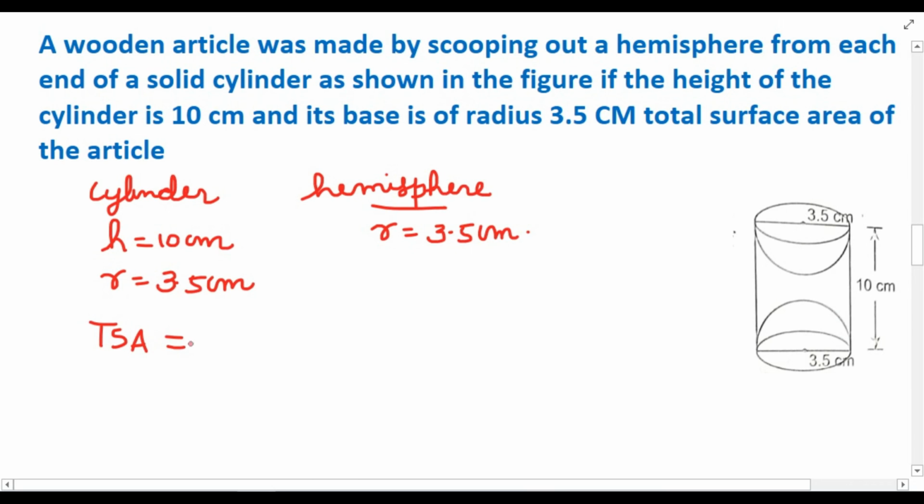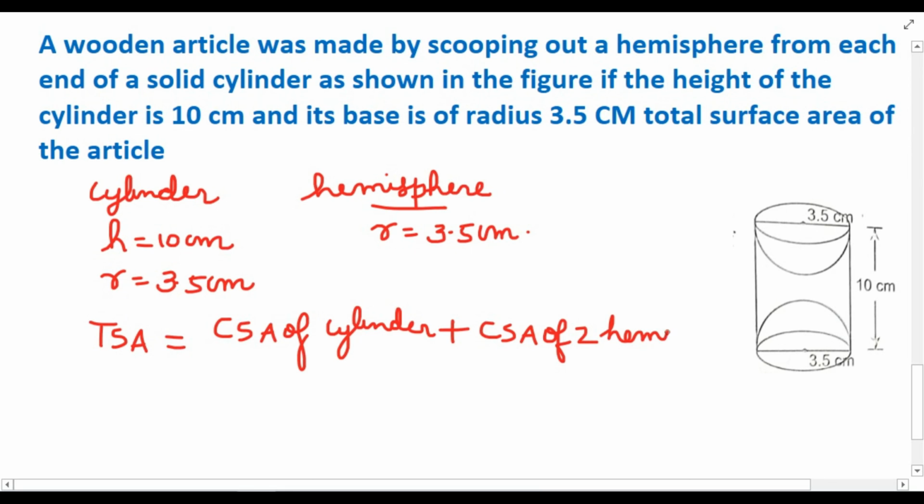So the TSA of this article is CSA of cylinder plus CSA of two hemispheres. The CSA of cylinder, we know the cylinder formula is 2 pi RH, and the CSA of two hemispheres is 2 into 2 pi r square.